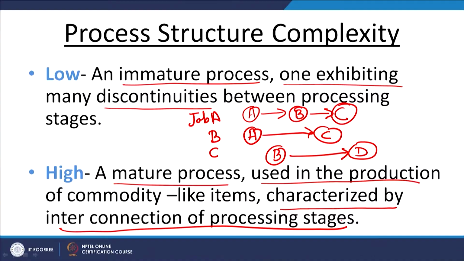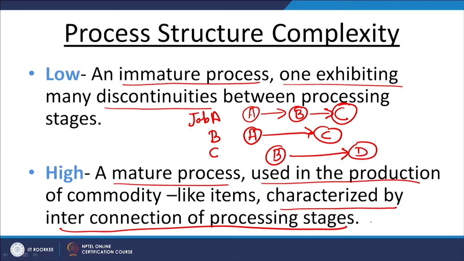Now the difference is very clear: when it is low process structure complexity, you have an immature process, and these processes are characterized by discontinuities. On the other hand, when you have high process structure complexity, you have a mature process and there is a lot of interconnectivity. You have continuity from stage 1 to stage C.